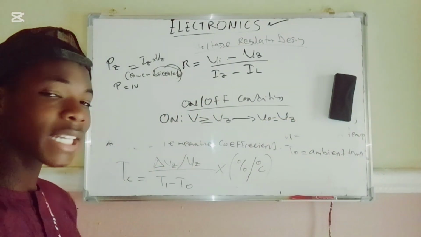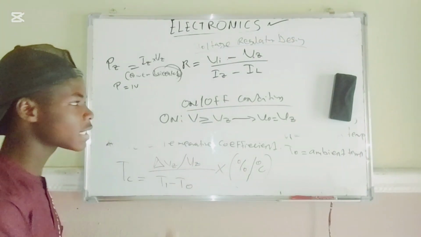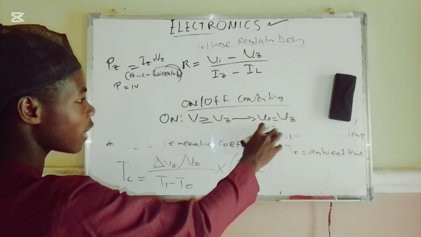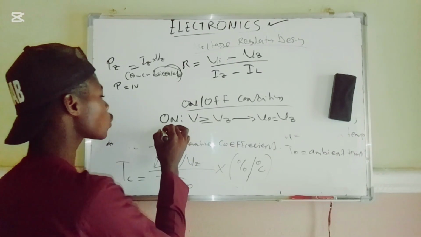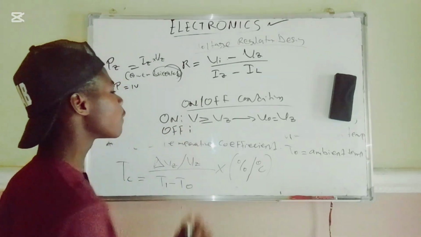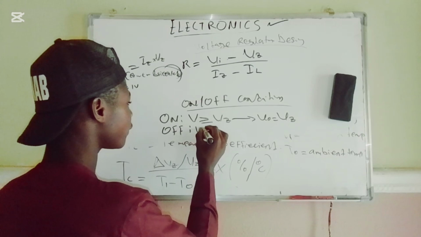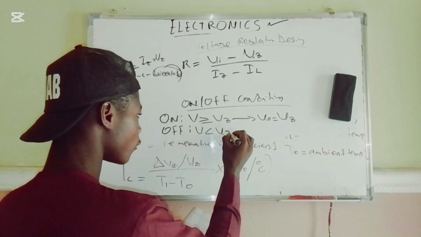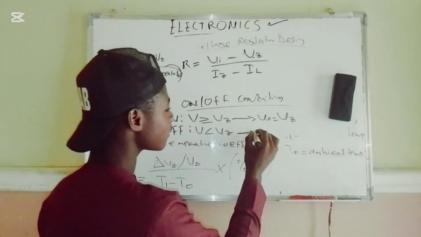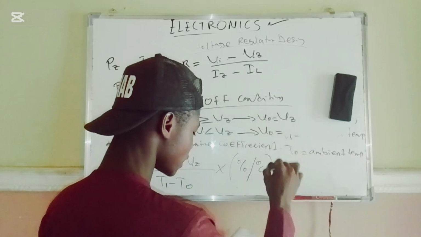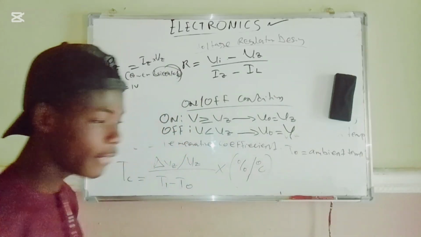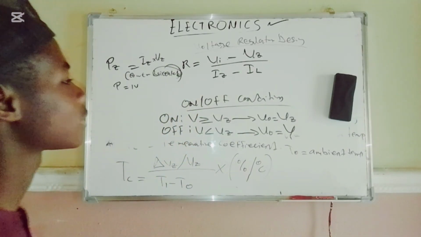Whenever V is greater than or equal to VZ, the condition is on, so V0 equals VZ. But when the condition is off, V is less than VZ, and this implies that V0 is the same as V, not VZ.